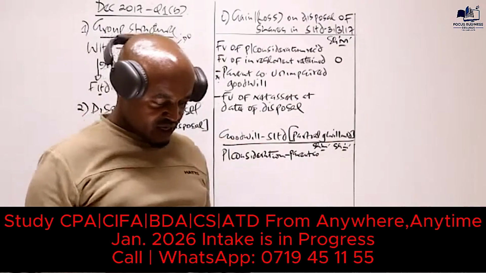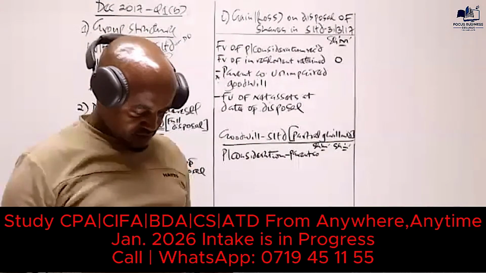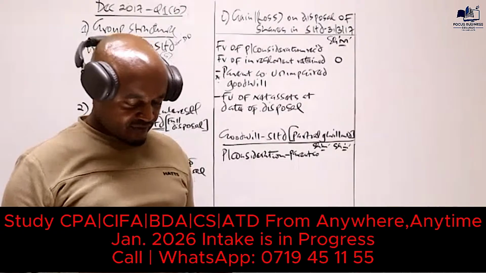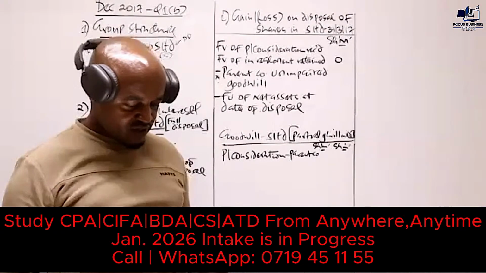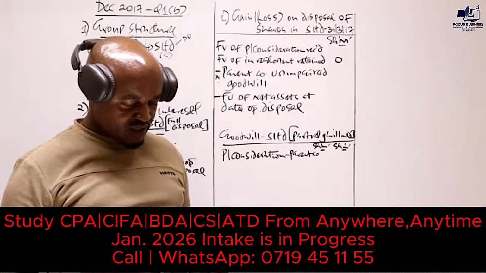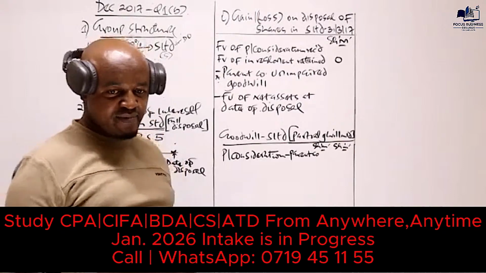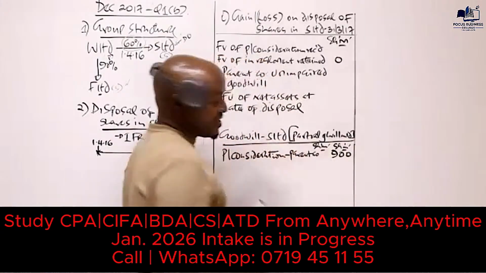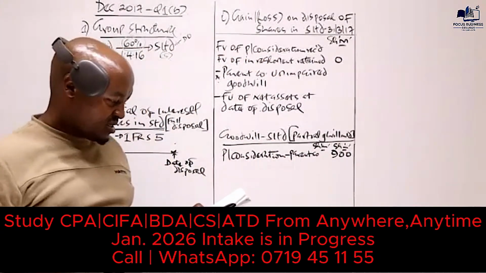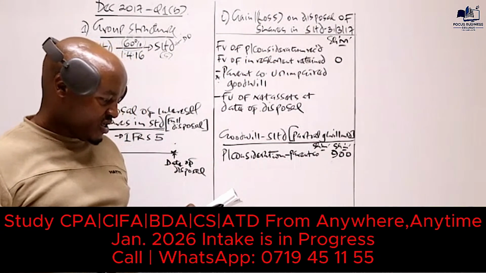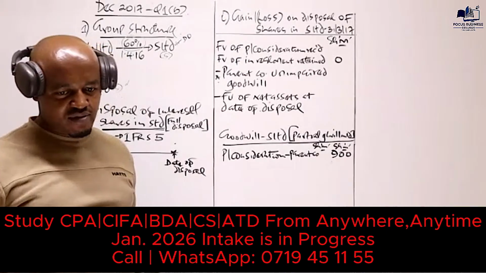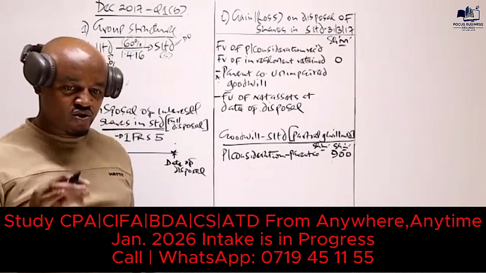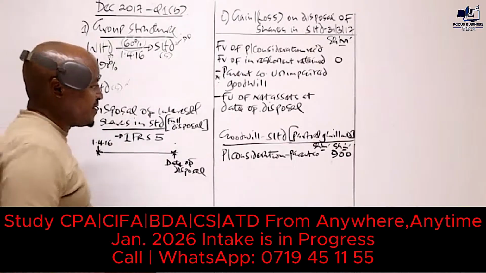As per the information in note number 1, the purchase consideration was 900 million. I think that was split into cash and shares, but what is important here is to take the total, which is 900 million.